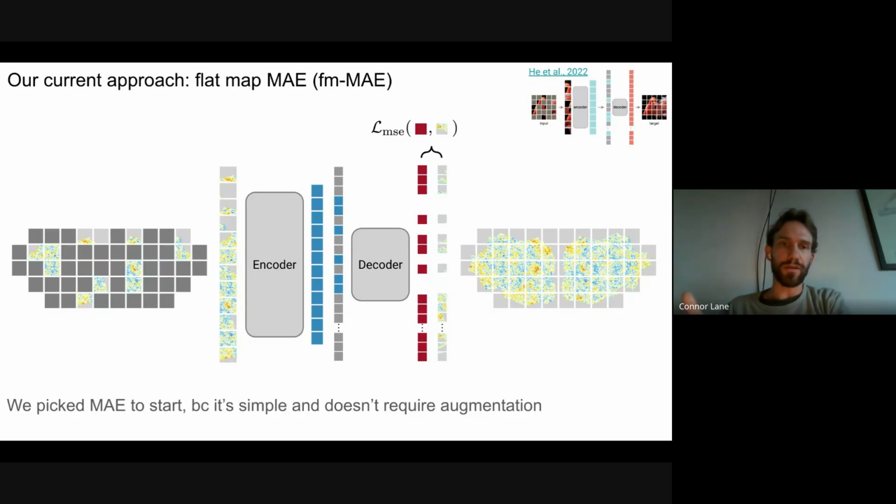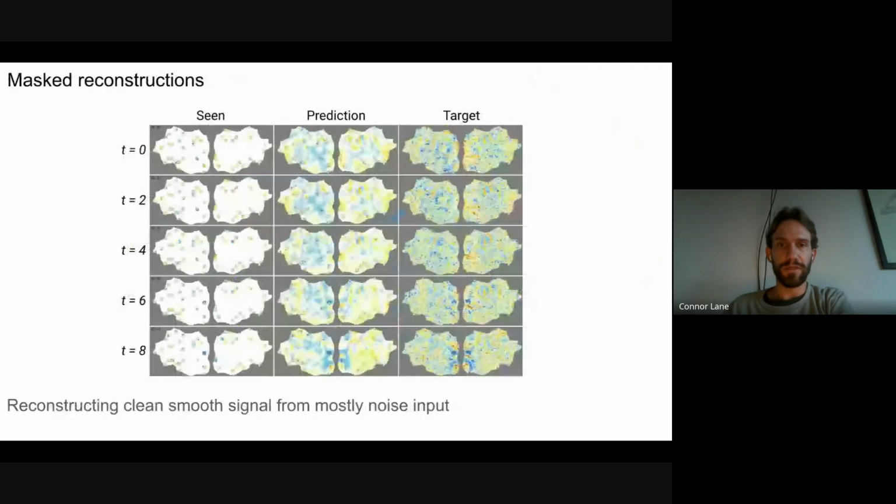So this is our current approach, and we have some initial results on how this model is doing to show. Just quickly, to get a sense of the qualitative performance, this is a figure showing the masked reconstructions, where on the right you have the raw target flat map fMRI data.